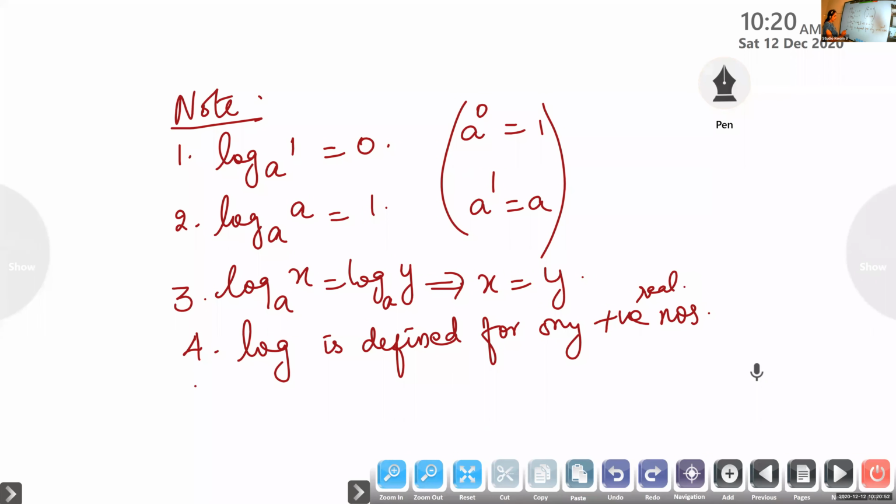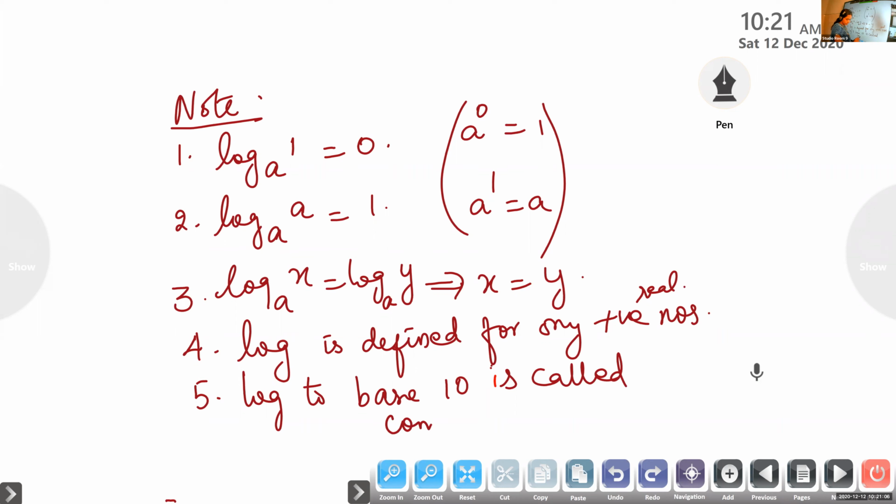Okay, then fifth one. Log to the base 10: whenever the base is 10, we call it common logarithm.